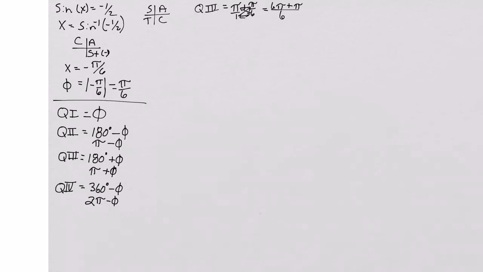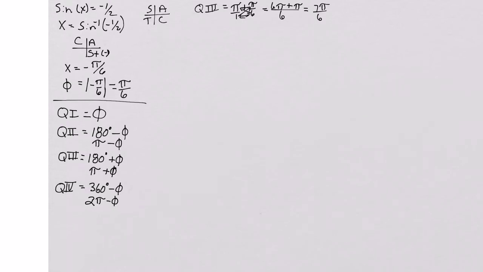That gives me an answer of, we have 6 on the bottom. 6 pi plus pi gives me 7 pi. So one of the angles in quadrant 3 is 7 pi over 6, where sine of 7 pi over 6 is going to give you negative 1/2. And when you look at your unit circle, that is a true statement.